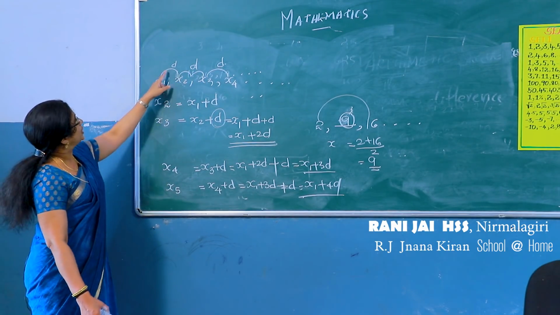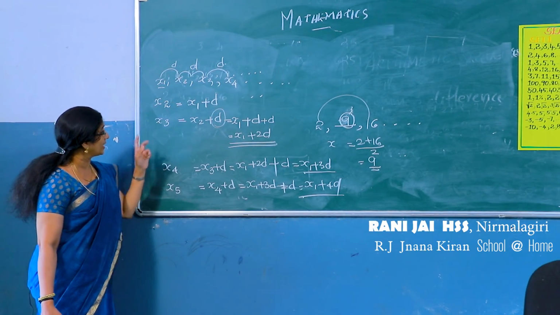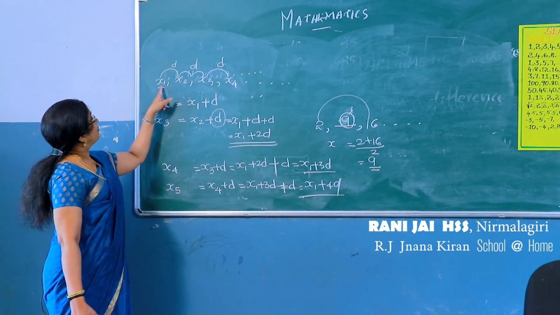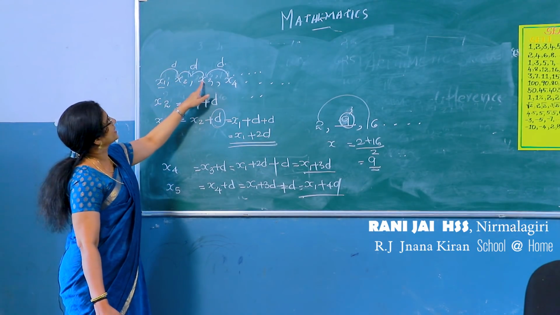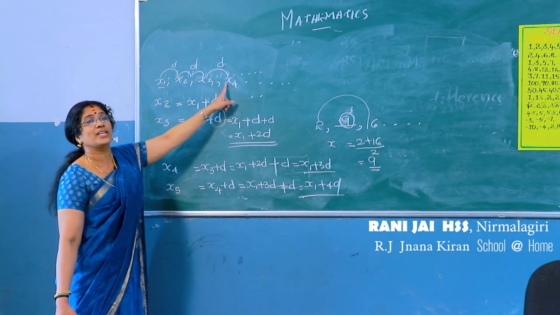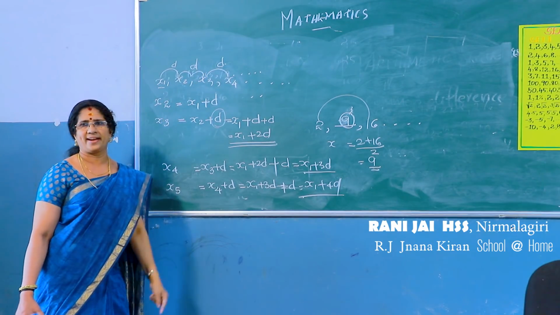So 2 times d should be added to x1 to get x3. That is what I wrote here: x3 is equal to x1 plus 2d. From x3 to x4 one time d, so to reach x4 from x1, 3 times d should be added.